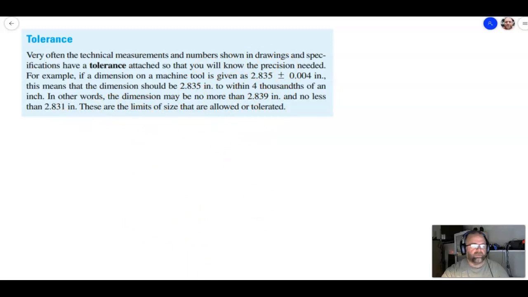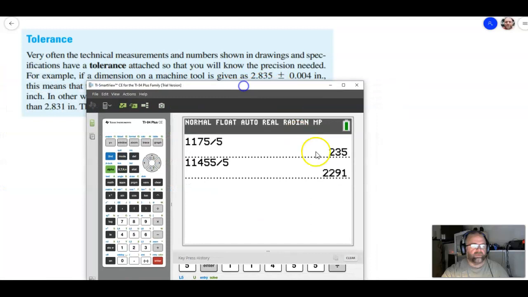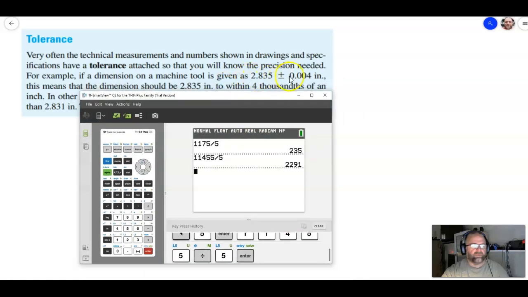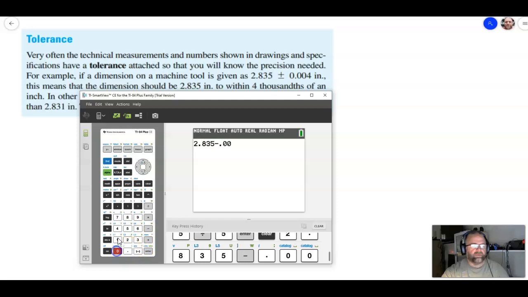You just take your calculator, trying to shrink this a little bit. There we go. Take your calculator, and to get the lower limit, we're just going to take that 2.835 and subtract that 0.004.